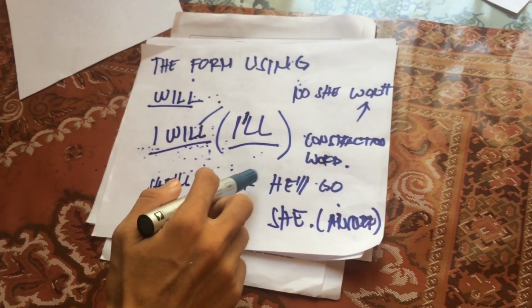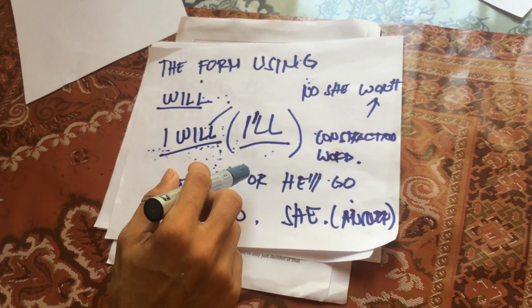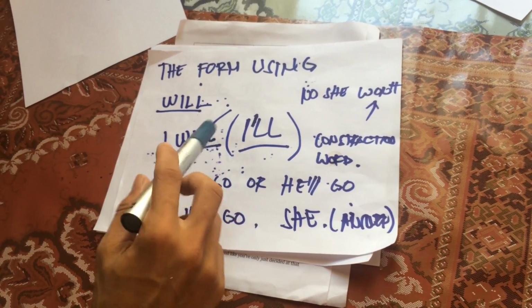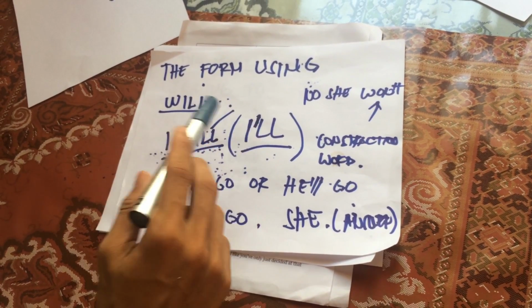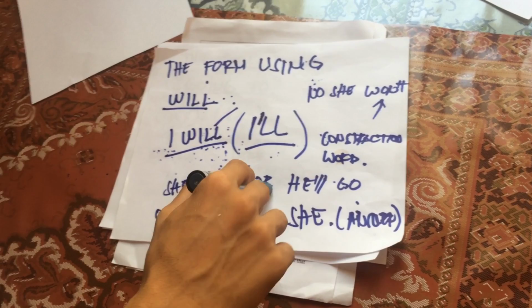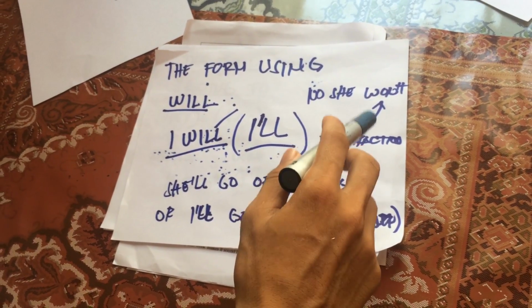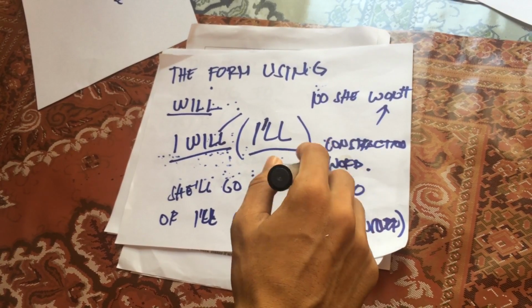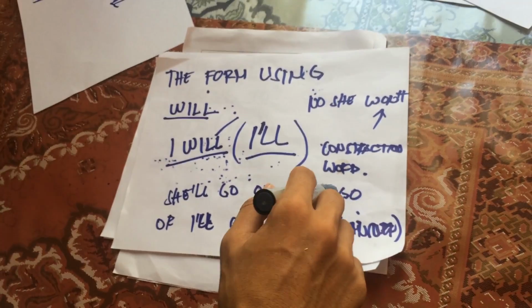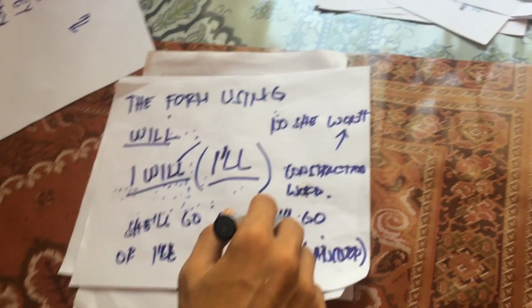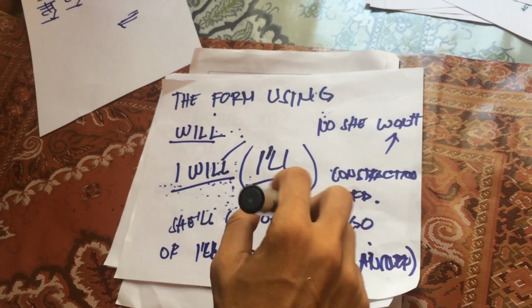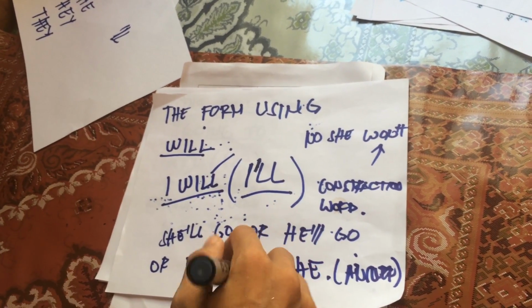We can answer with yes or no, but we need something more than that. To answer this question, yes plus subject plus helper verb, so yes, she will. If we answer no, it's no plus subject plus helper verb plus not, so we say no, she will not. The words will and not can form a contraction. No, she won't.